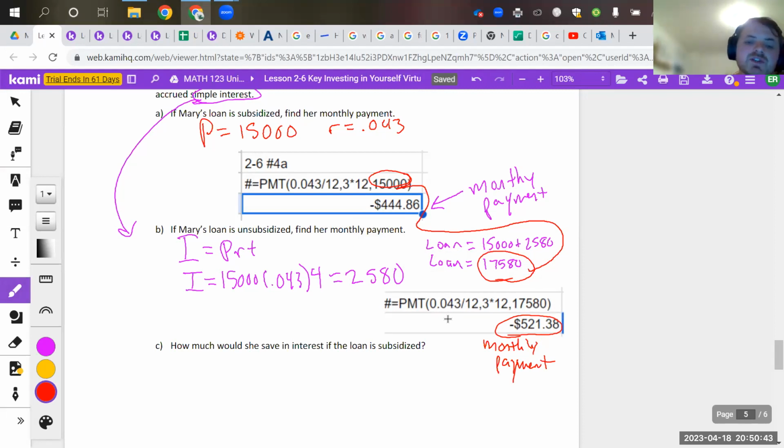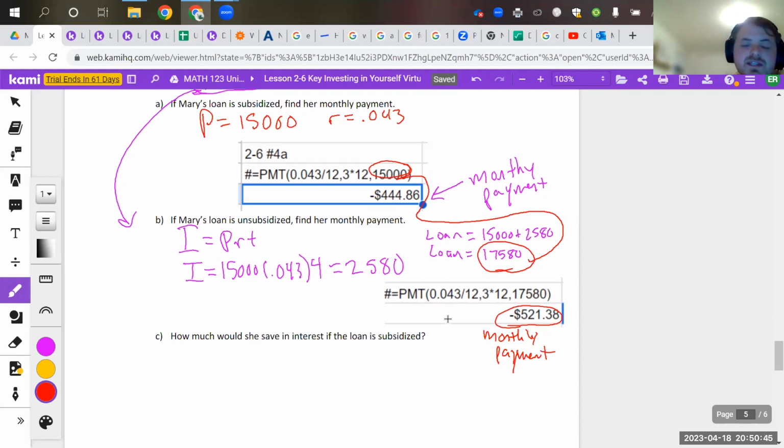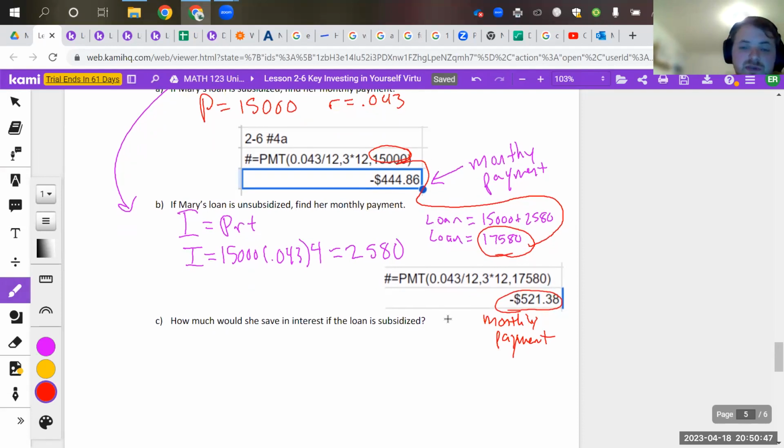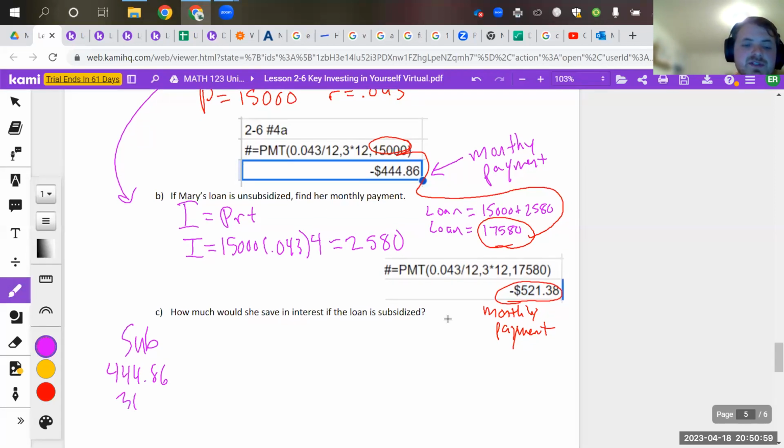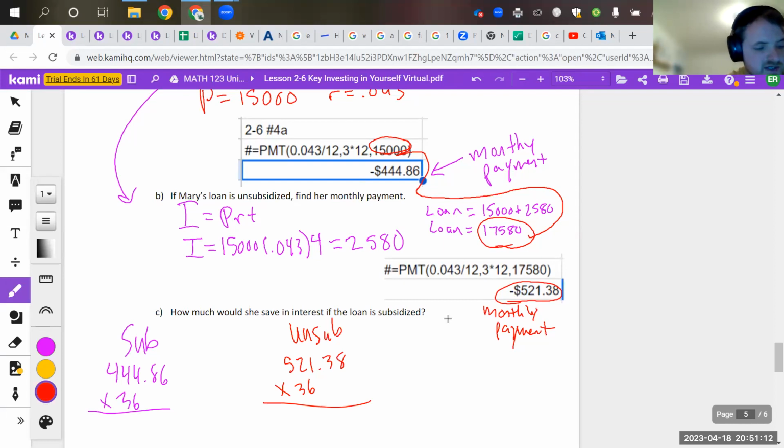So how much would she save in interest if the loan is subsidized? So they're both 3-year loans. So for the subsidized, she's going to do $444.86 times 36 payments because it's 3 years. For the unsubsidized, she's going to do $521 times 36 months because it's 3 years.